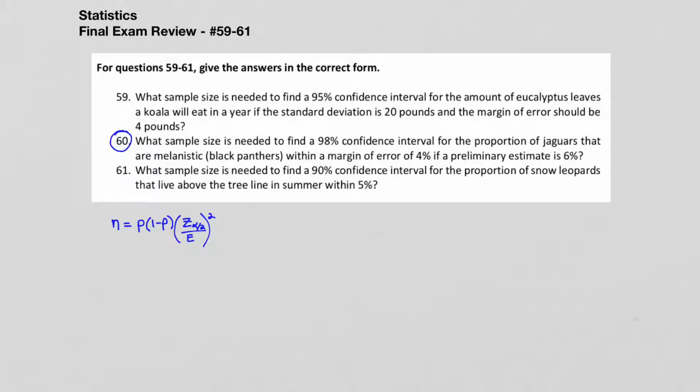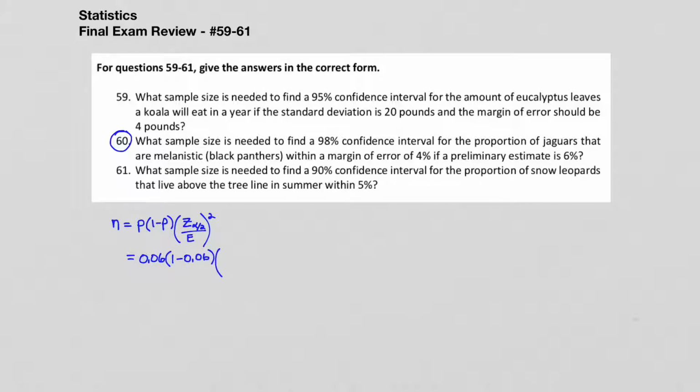Because there's a preliminary estimate for the proportion, we're going to use the formula n equals p times 1 minus p times the quantity z sub alpha over 2 over e, all raised to the second power. All right, so p is our preliminary estimate, and in this case, that's 6%. So I'm going to put 6% for p, 1 minus 6% for 1 minus p.